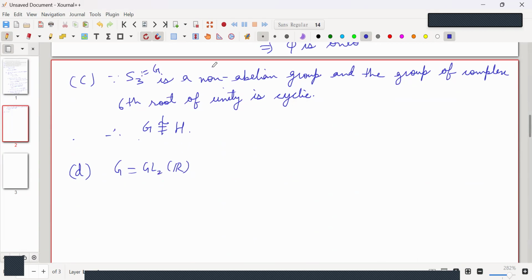So GL2R is uncountable and Z is countable.